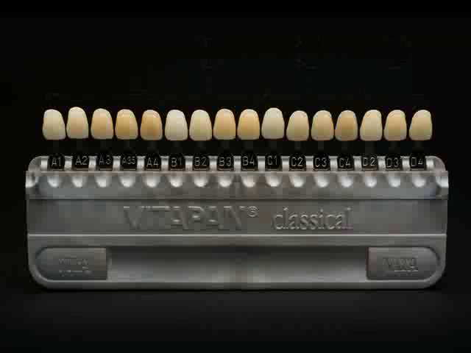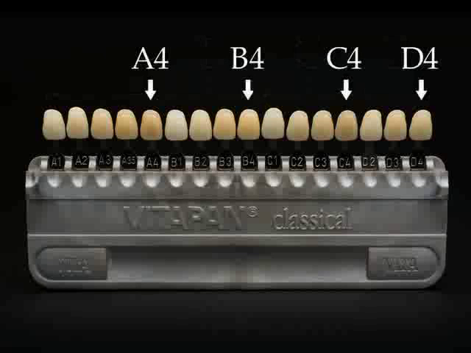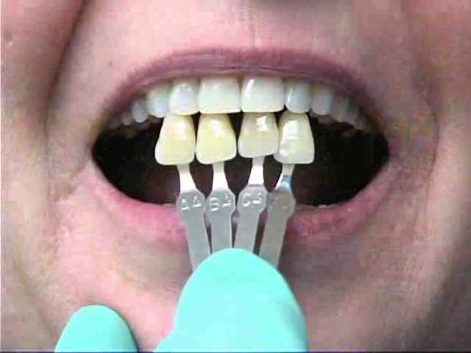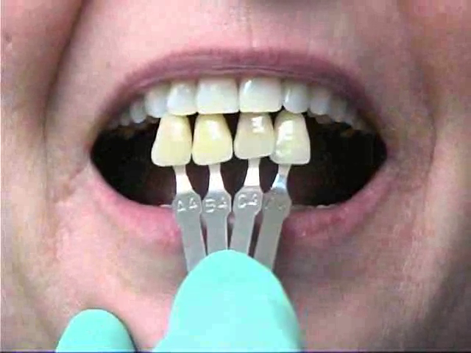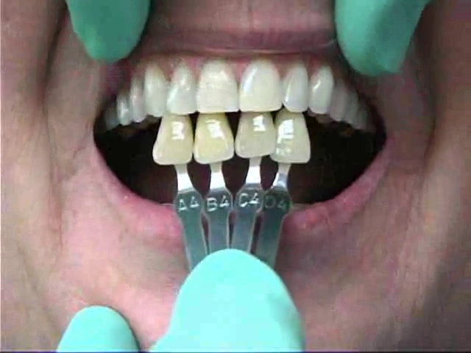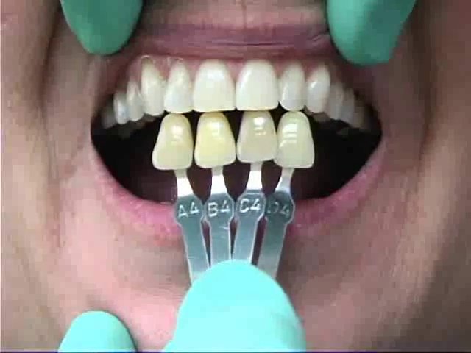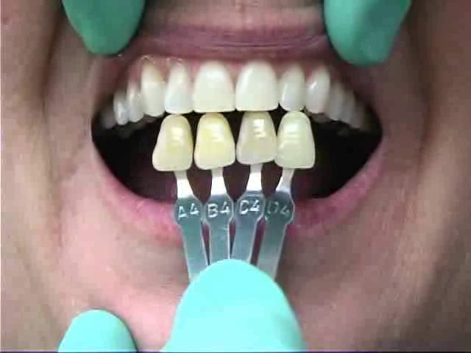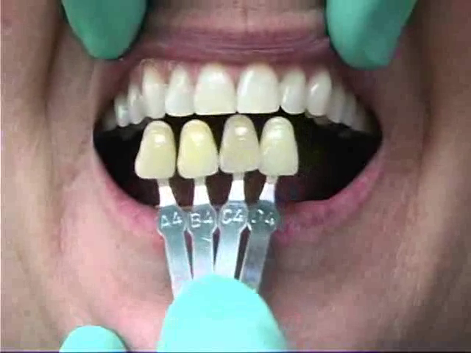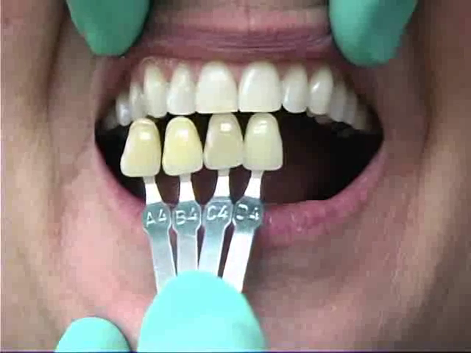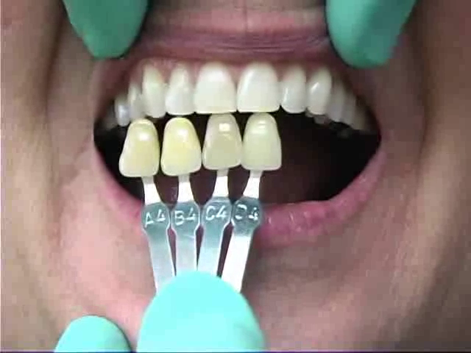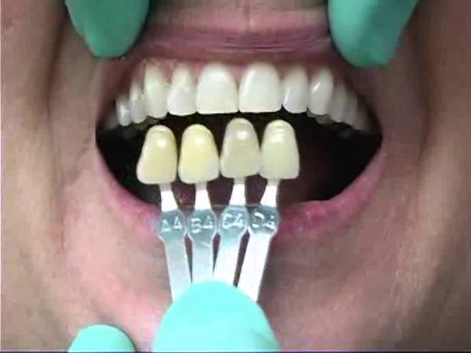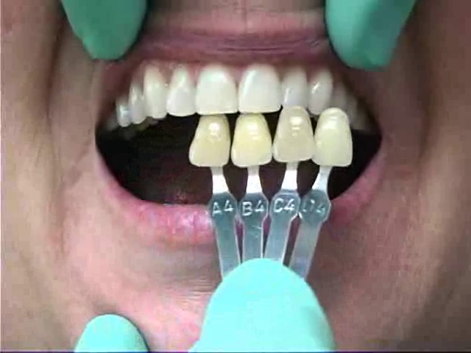This decision can be aided by removing the most intensely colored specimen from each group, that is A4, B4, C4, and D4, and simultaneously holding these 4 specimens in proximity to the teeth to identify the one that produces the best blend with the natural teeth, even though the intensity of the shade guide specimens may be a little greater than the person's teeth. This process of using 4 most intensely pigmented specimens works well when the natural teeth have moderate to high levels of color intensity.